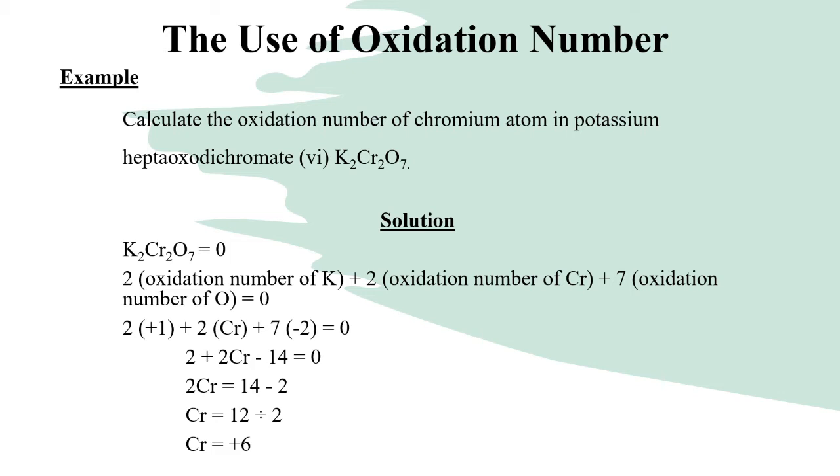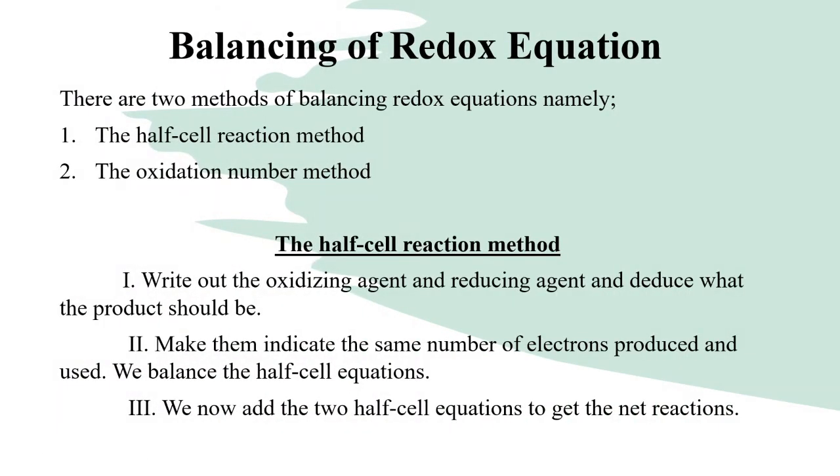So you multiply each by its oxidation number, and you get your chromium. So +6 here is the oxidation number of the chromium atom in potassium heptaoxodichromate(VI).